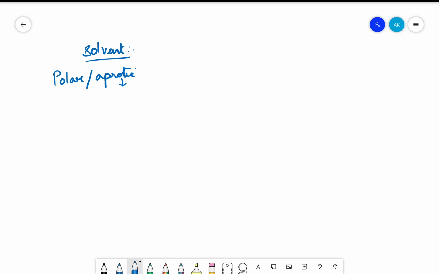So polar aprotic solvents are used for SN2 reaction. Why? Because they are going to solvate the cation, and this leads to the activation of the nucleophile.